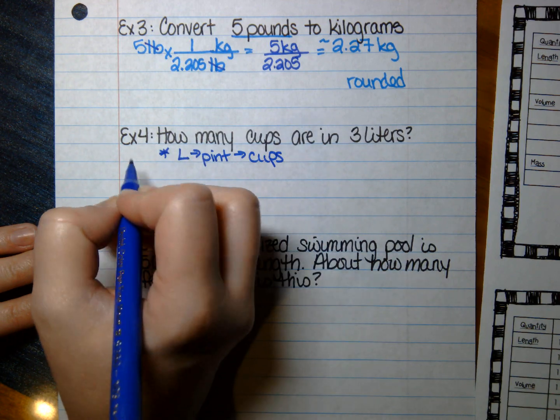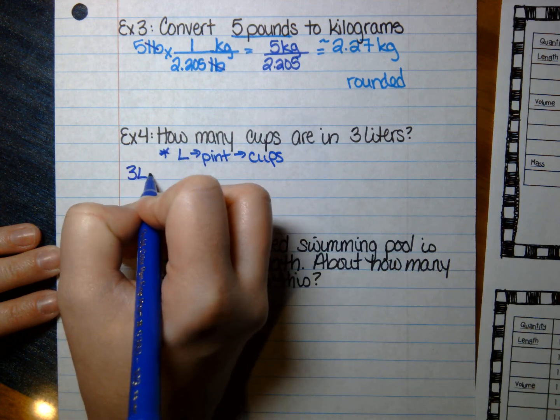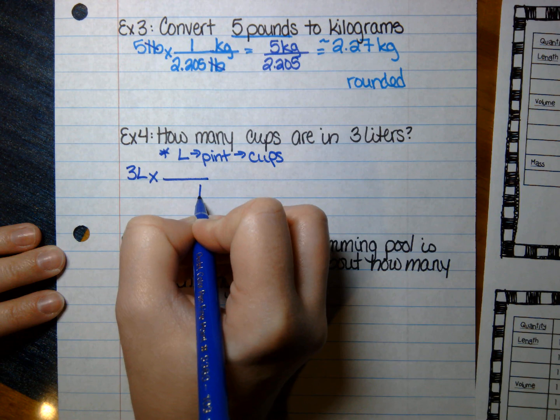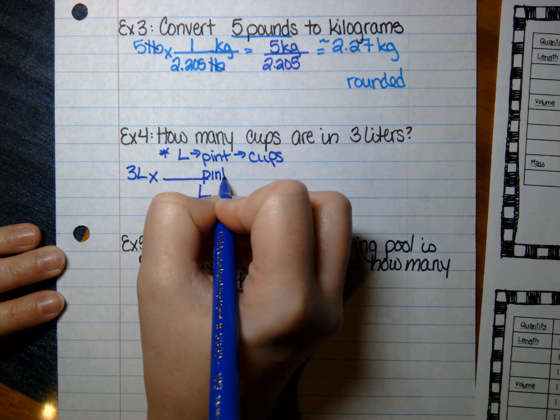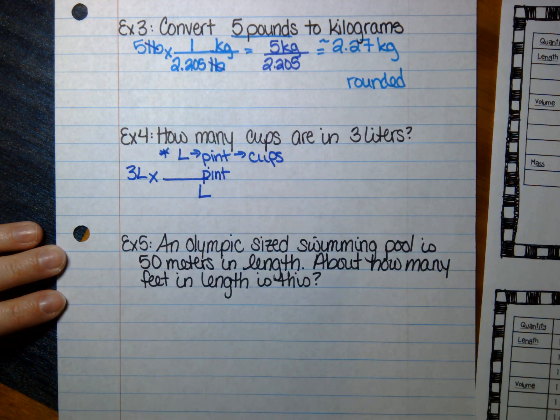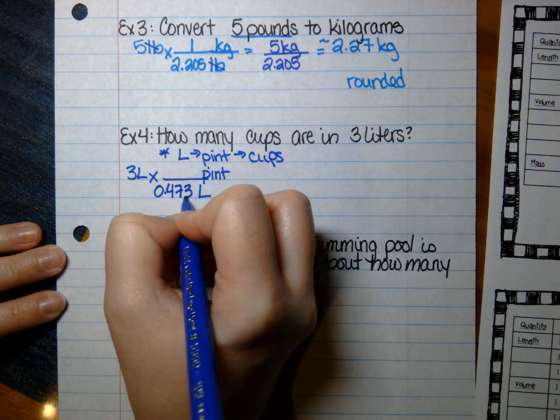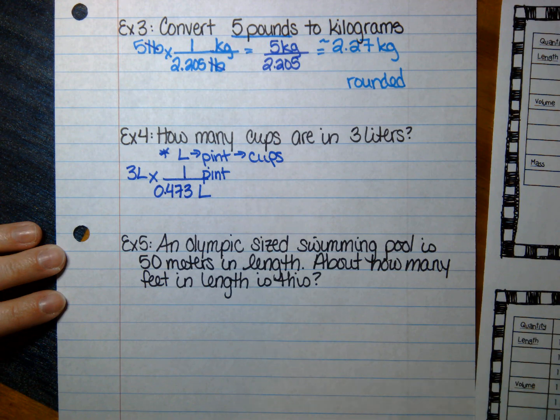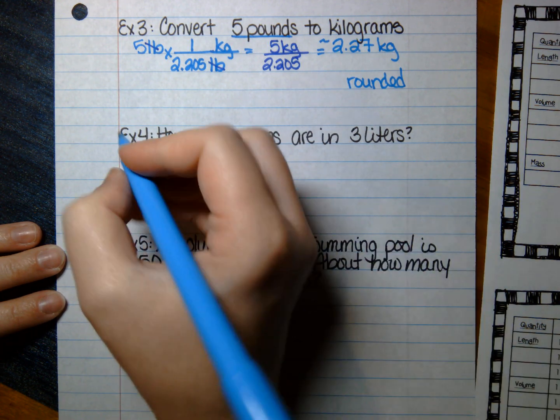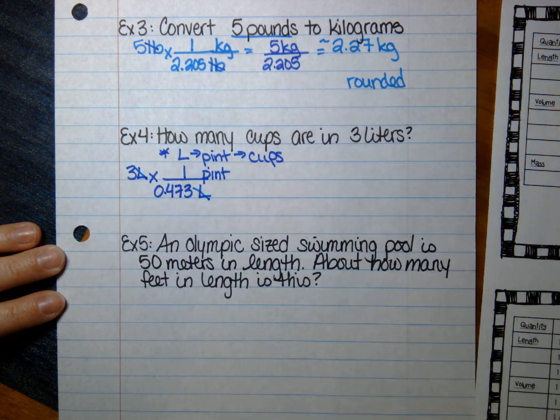So I have 3 liters, that's what I'm starting with. My liters go on the bottom, my pints on the top. If you look at that chart, it said that there was 0.473 liters for 1 pint. So now I can cross out my units, my liters.